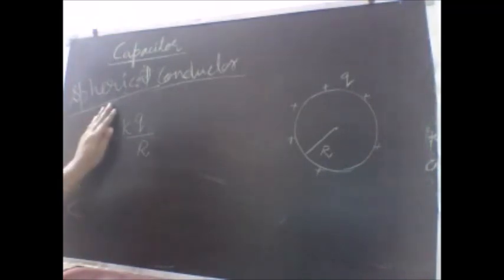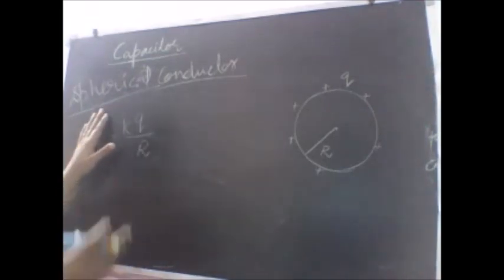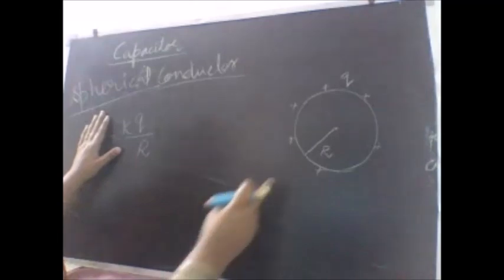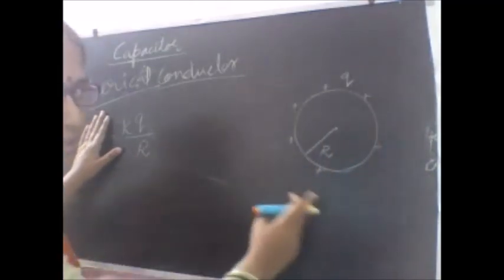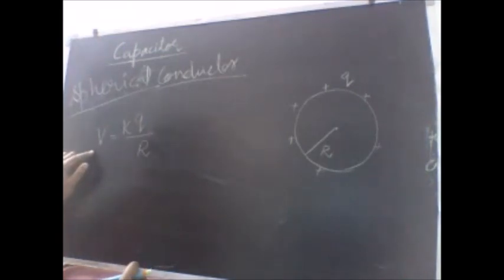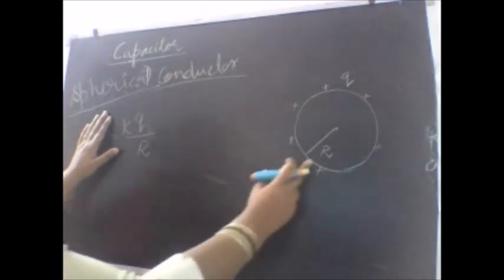And if I want that the potential should not rise and I should keep giving charge to this spherical conductor, then how much maximum charge can the conductor hold when the potential is constant? That we call the capacity of this spherical conductor.